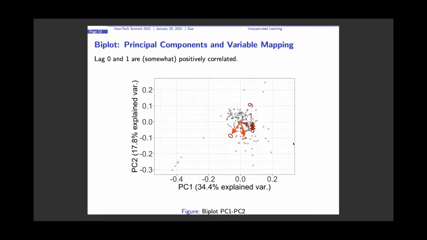Now, through the plots, we can also explain the correlations between the losses in two lags and help us discover some patterns. Lag 0 and lag 1 have a really small angle. You can see that they both negatively influence PC2, so they are somewhat positively correlated.